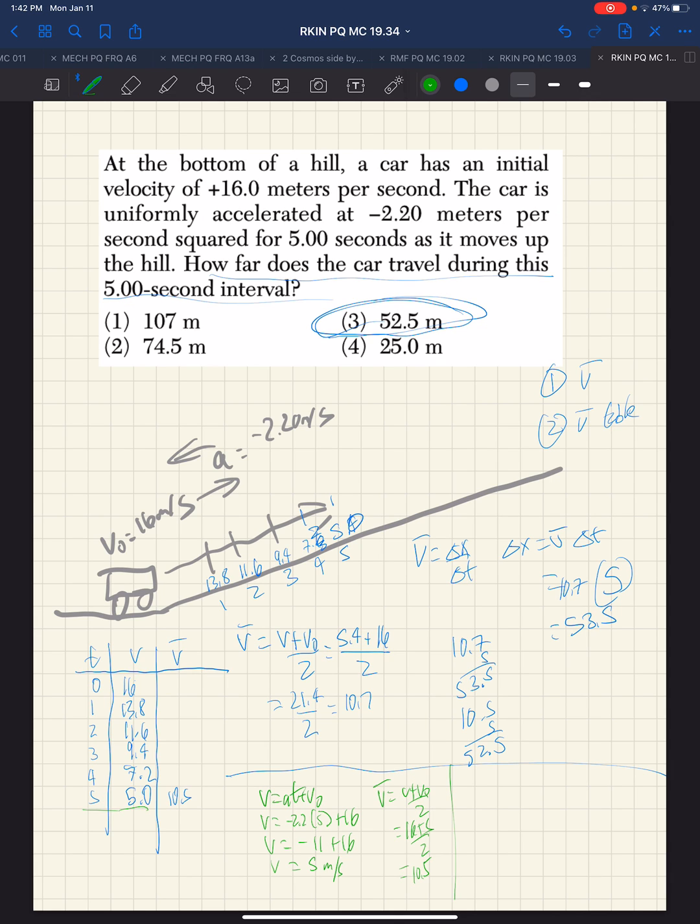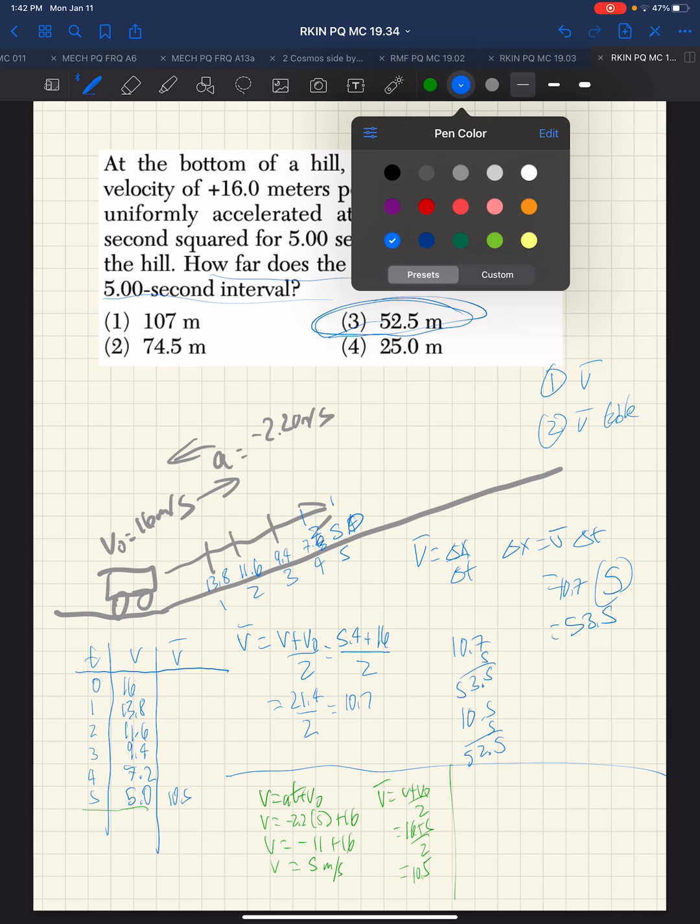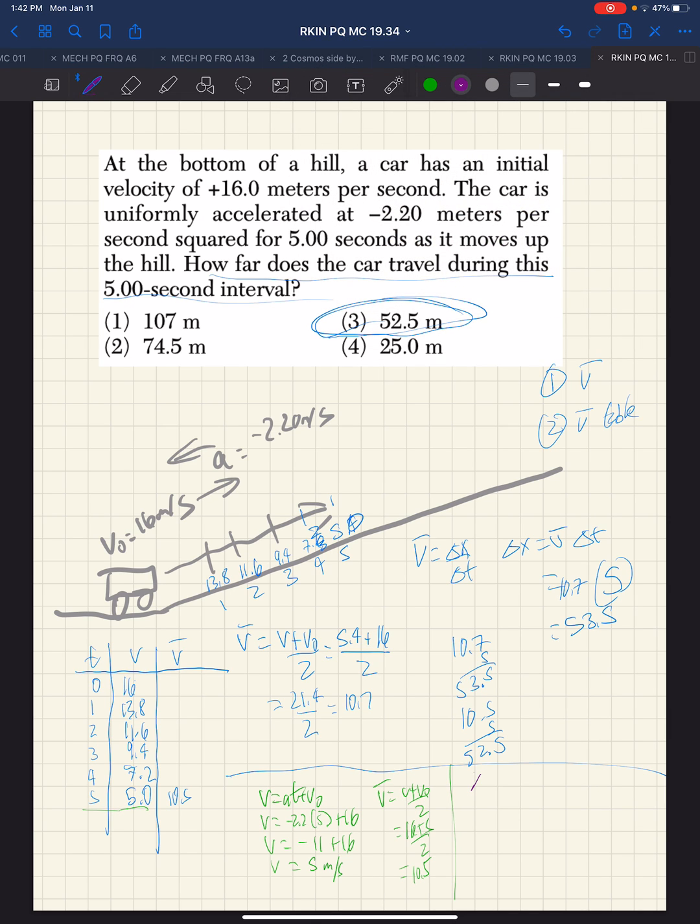We could do it yet again another way, and just start out with our position formula. X equals 1/2 AT squared plus V0t plus X0. Well, the acceleration is minus 2.2. The time is 5. Initial velocity is 16, and the time is 5. The initial position is 0.